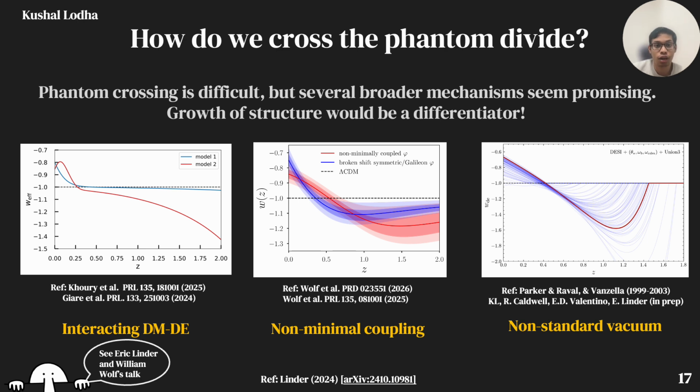In the second class, we can relax the assumption that gravity is described by general relativity and allow for non-minimal or modified coupling. And finally, in the third, we can revisit our assumptions about the vacuum, which can lead to non-standard vacuum scenarios.